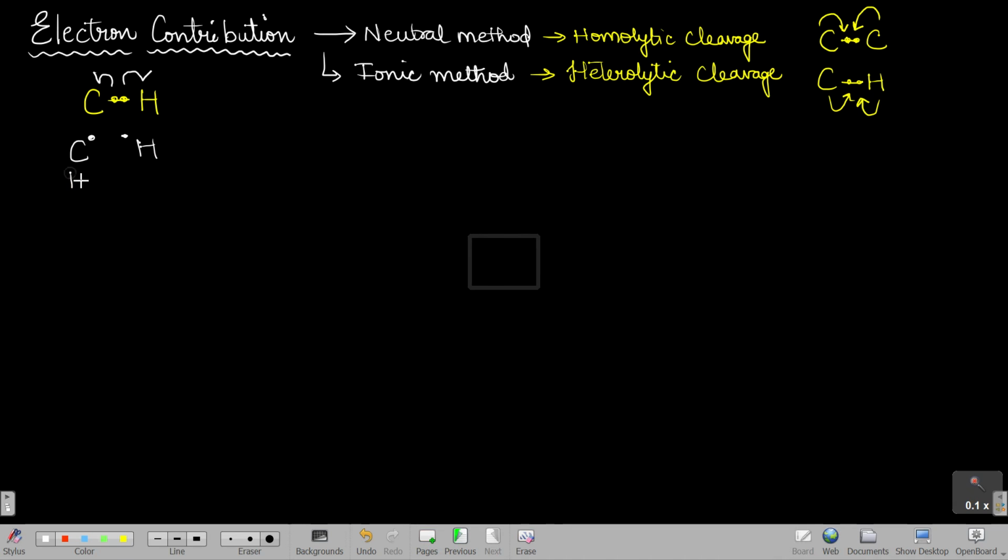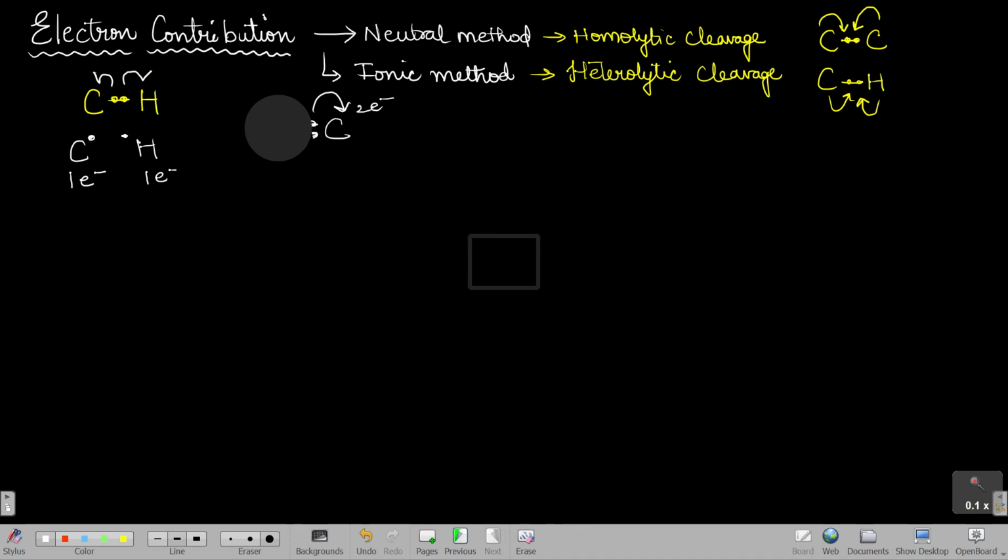Then we say that the electron contribution of this carbon is 1, and of this hydrogen is 1. This is the neutral method. The electrons used between the two atoms are broken equally among the two atoms. If you have a double bond, you have 4 electrons, so this carbon would get 2 electrons, and this carbon would get 2 electrons. This is called the neutral method.